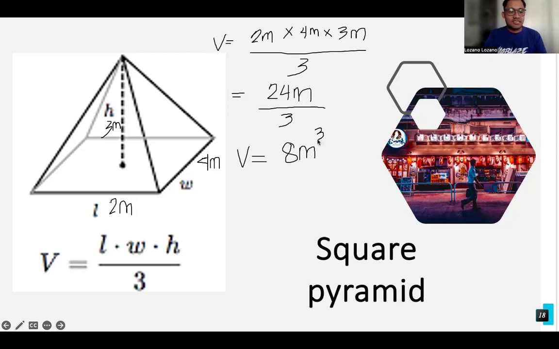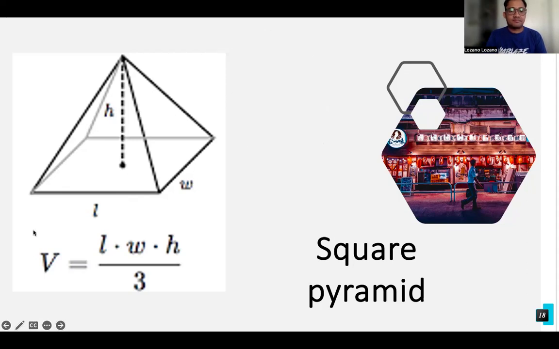Okay, last example we have. Let's say the length is 5 centimeter, the width is 10 centimeter, and the height is 15 meters. 15 centimeter rather.